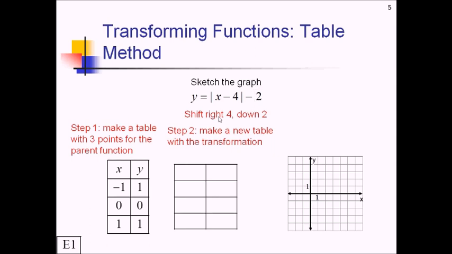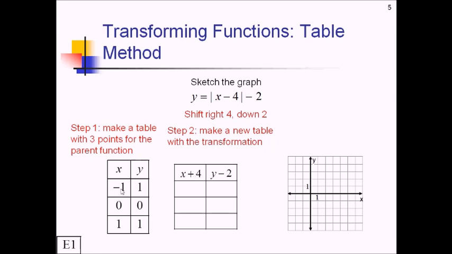Since I'm shifting right 4, that means I have to add 4 to all the x values when I'm actually calculating my new points. And if I'm going down 2, that means I'm actually subtracting 2 from the y values. Let's go ahead and apply those now to the x and y values.